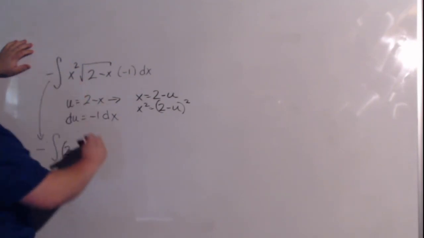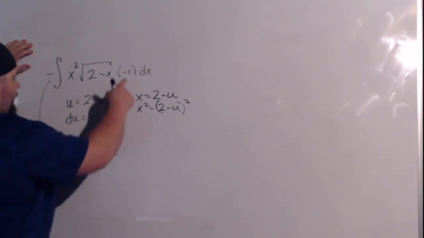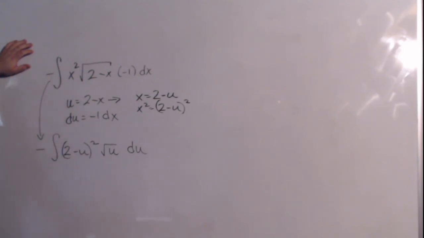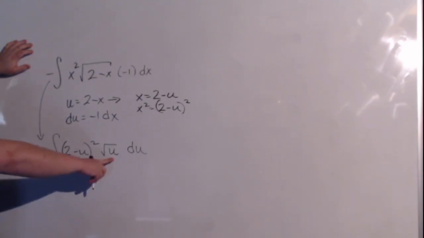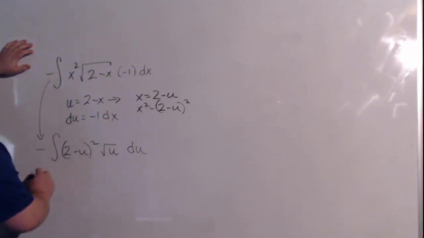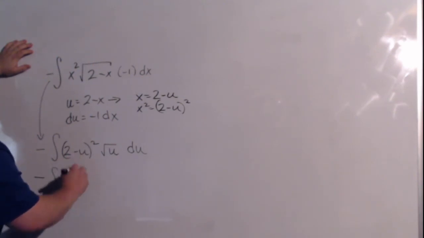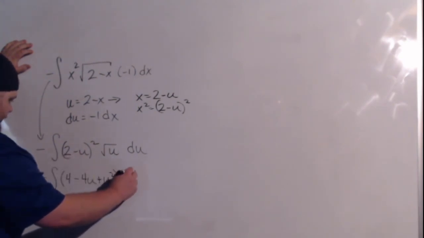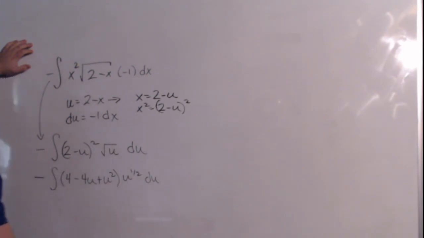The square root is now square root of u, and -1 dx is du. So I'm going to FOIL this and make that into 1/2. So this is 4 minus 4u plus u squared, and this is u to the 1/2. Multiply that through.